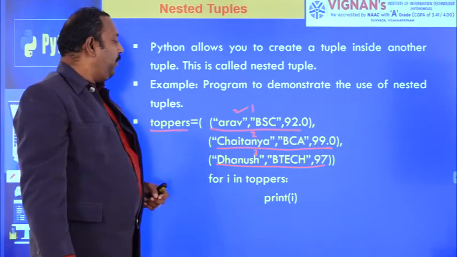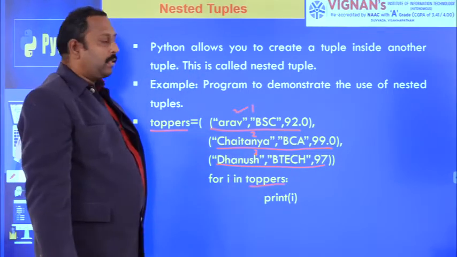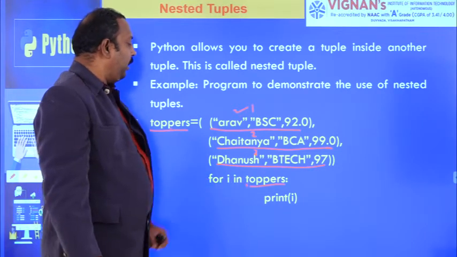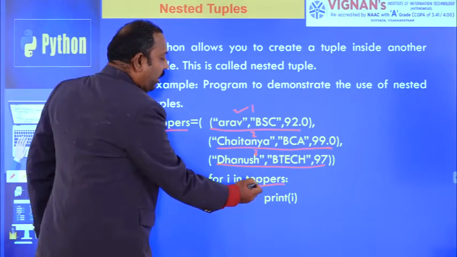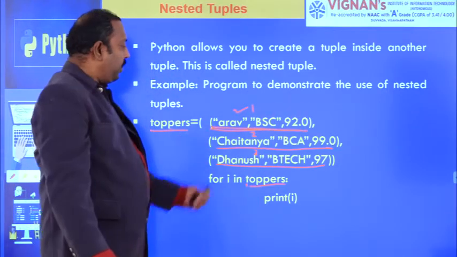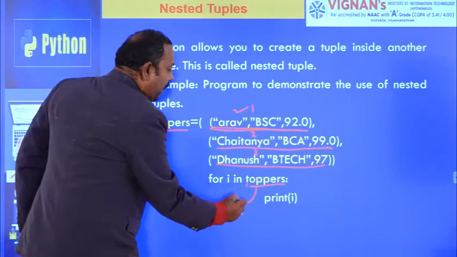Now I want to print the values. See here, for i in toppers, that means the outer tuple will act here. So toppers means the first element. What is the first element here? The first inner tuple is the first element, and that will be assigned to i.